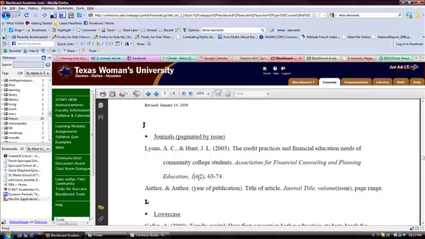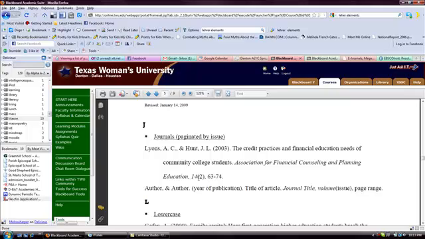Issue number 3 will pick up with page 653. So in any given volume for that journal, you will only have one page 10. You will only have one page 120. So in cases like that, the volume number and the page numbers are sufficient to direct you to that source.